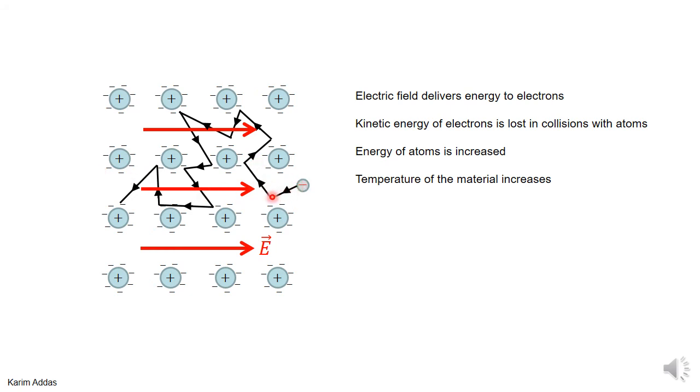They gain some kinetic energy, they lose potential energy, and then they lose this energy to the atoms inside the resistor. And so the energy of the atoms gets bigger, and the internal energy of the resistor gets bigger. That leads to an increase in the temperature of the material. That's why resistors get very hot when you put a large current in them.